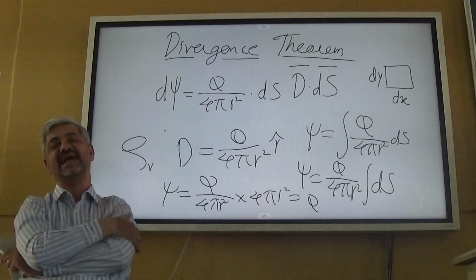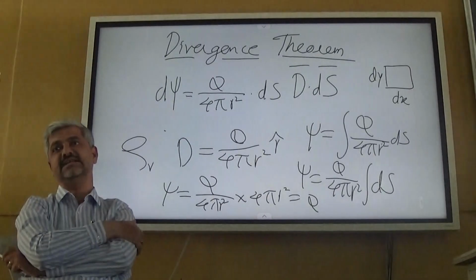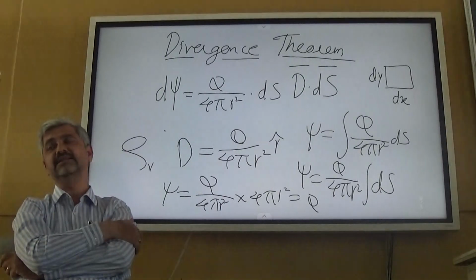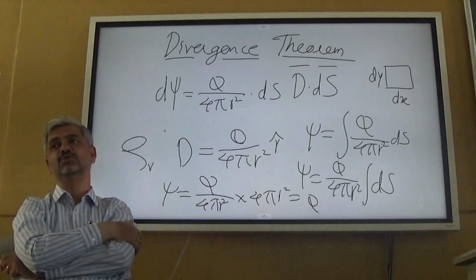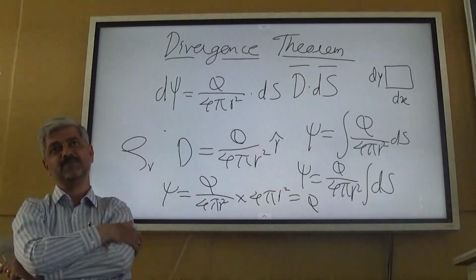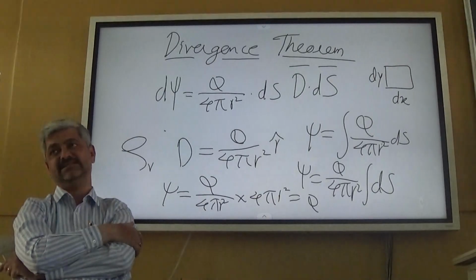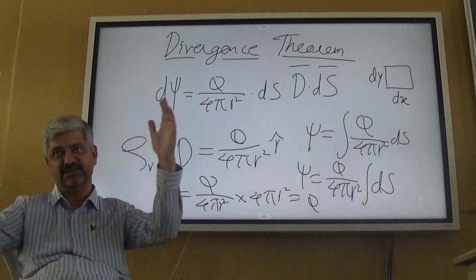Gauss law states that total electric flux over a closed surface is equal to charge enclosed. Now it is applicable for any surface.